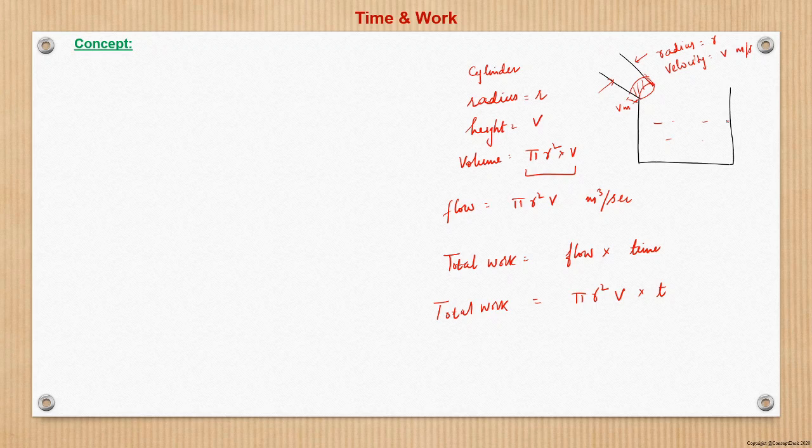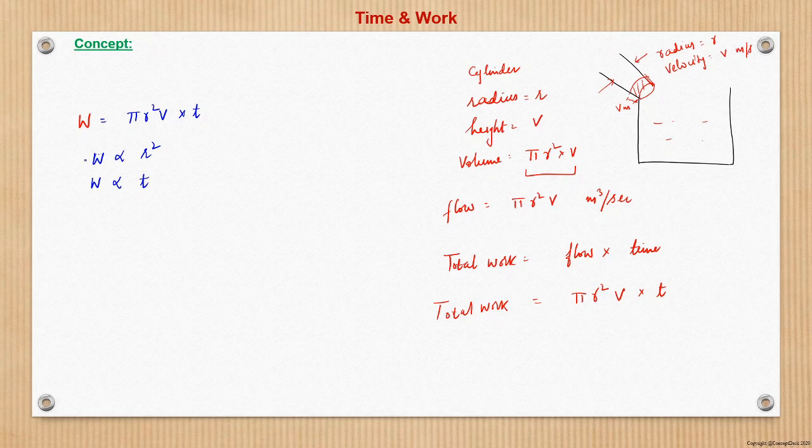Basis this, what can we see here? We have seen that work is nothing but pi r square v into t. So can we say that work is proportional to r square and work is proportional to time?